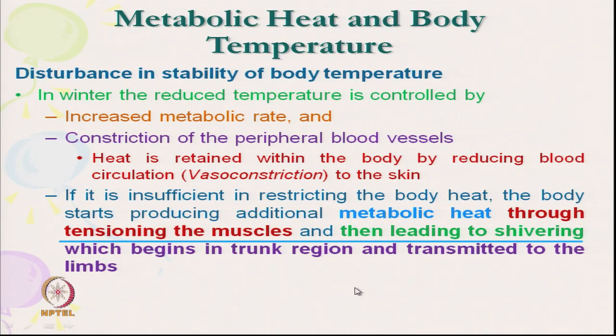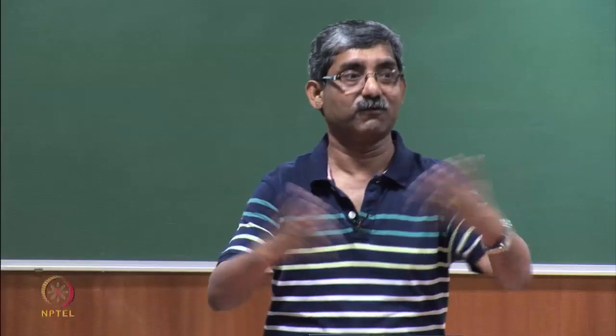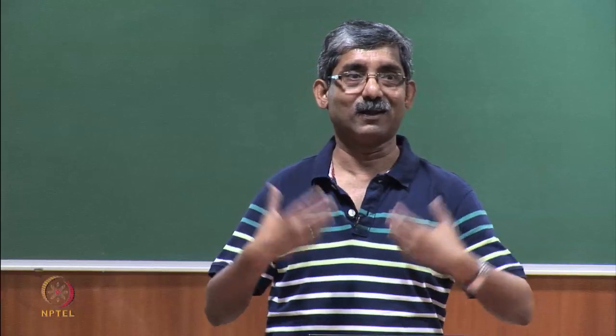Now, these are the physiological mechanisms. If increasing metabolic rate fails, then constriction; if constriction fails to retain the body heat, then shivering starts. Shivering is not enough to maintain the body heat.